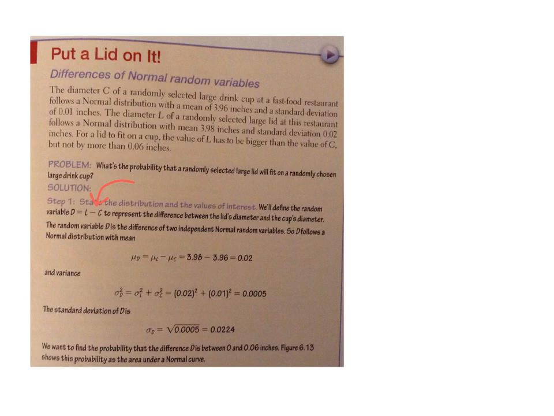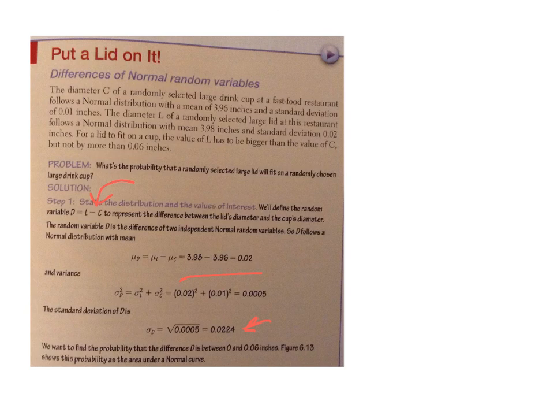When I calculate the mean for this, I can just subtract the two means, so my mean difference between the two is 0.02 inches. When I calculate variance to then get standard deviation, I get a standard deviation of about 0.0224. So I want the probability that the difference is between 0 and 0.06 inches.